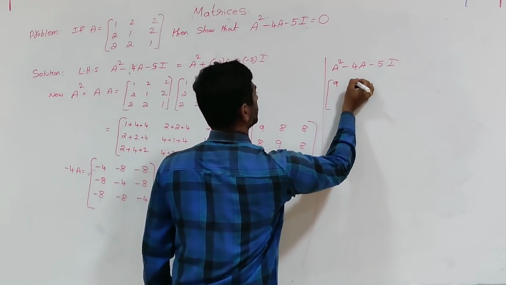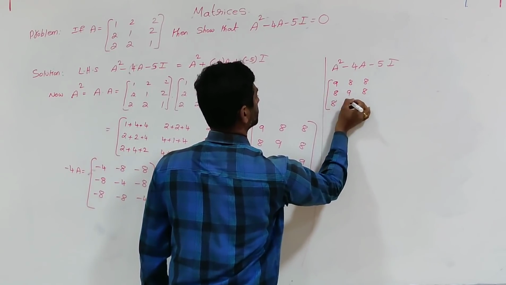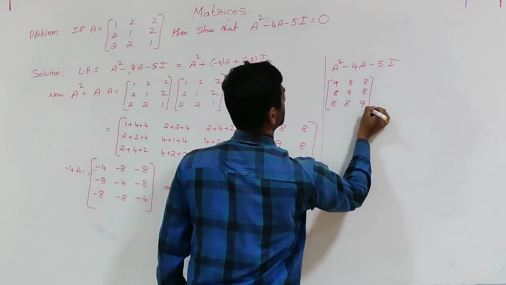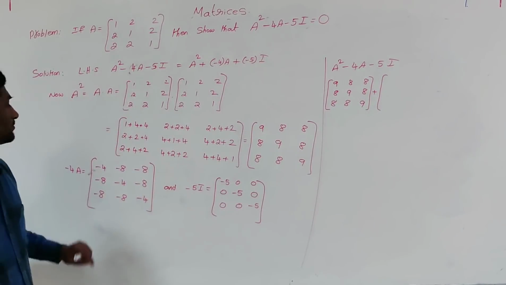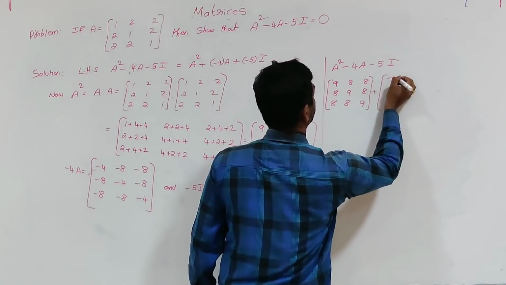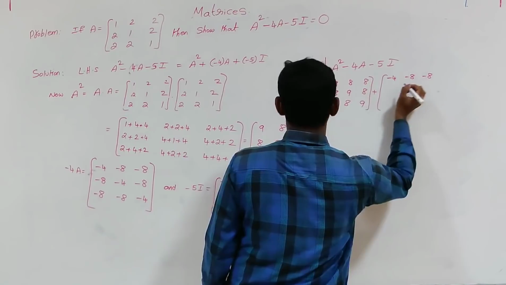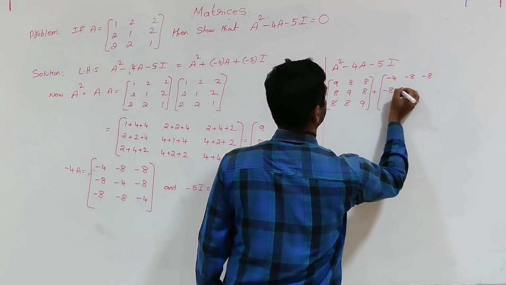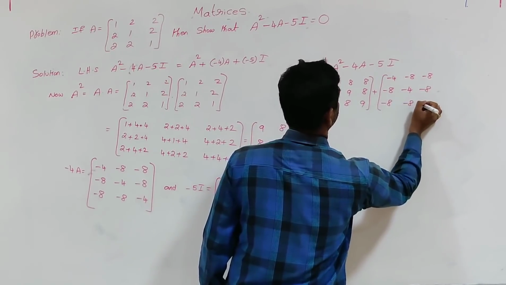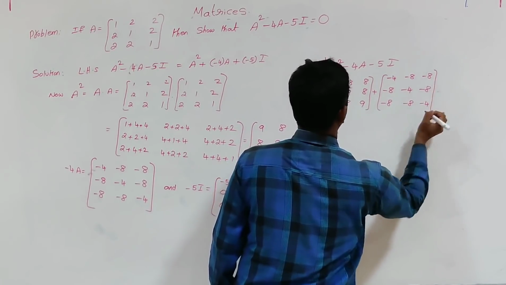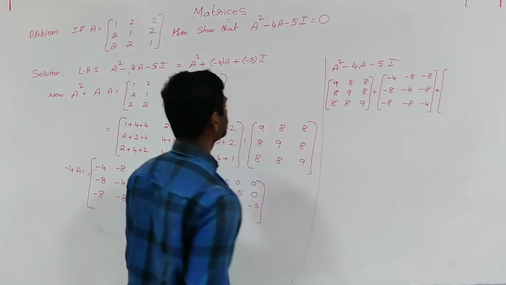9 8 8, 8 9 8, 8 8 9, plus minus 4A matrix: minus 4 minus 8 minus 8, minus 8 minus 4 minus 8, minus 8 minus 8 minus 4, plus what is minus 5I matrix?